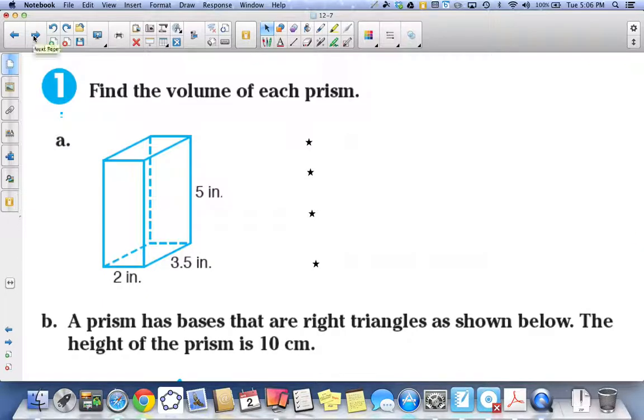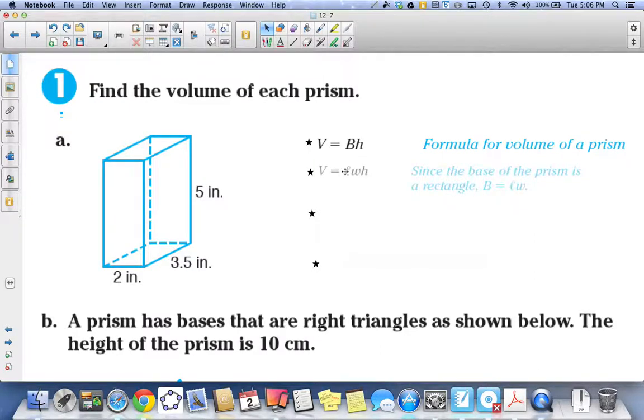If we want to find the volume of this particular rectangular prism, first we need to know what kind of prism this is. The base is a rectangle, that's why we call it a rectangular prism. Then the area of the base is length times width, because the area of a rectangle is length times width.